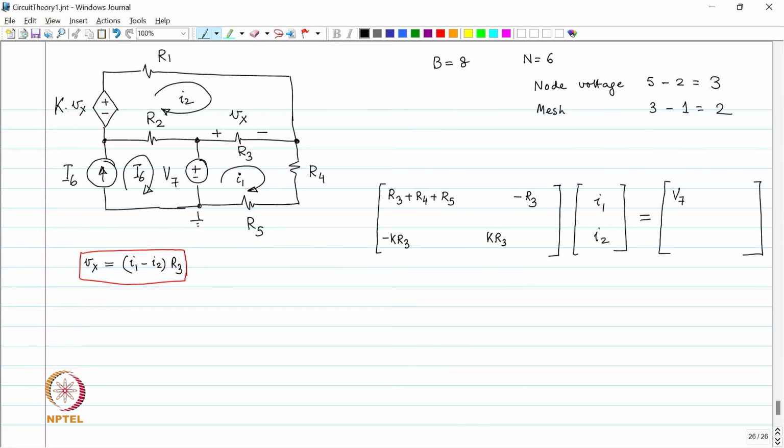Is this okay? Next, drop across R1 is I2 R1. Next, drop across R3 is I2 minus I1 times R3.